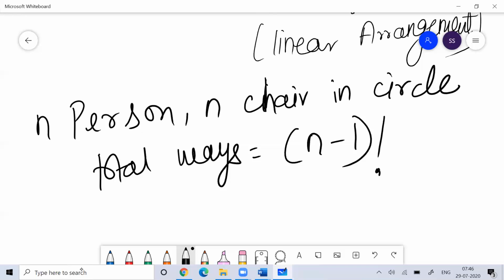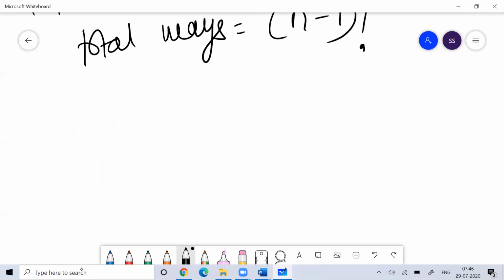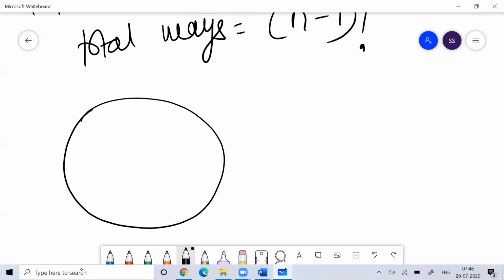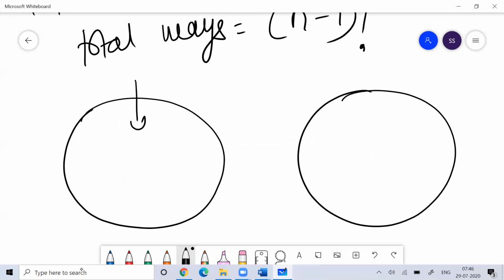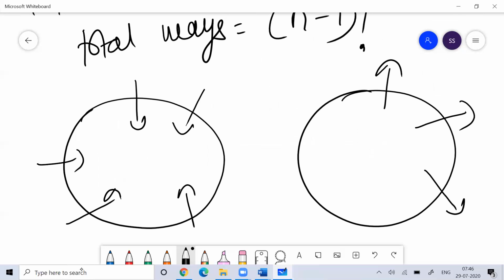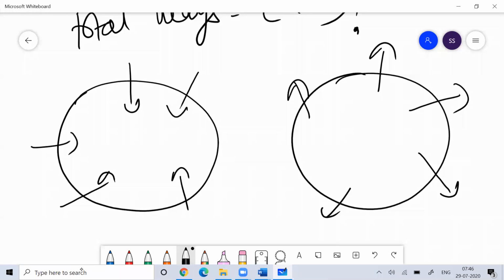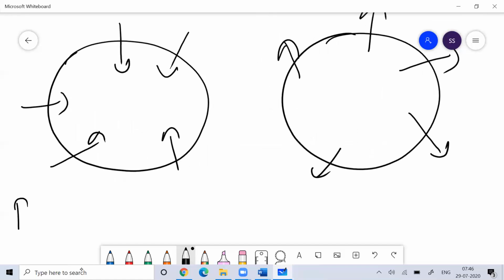When you are sitting in a circle, two things can happen: you are either facing the center or facing outward.